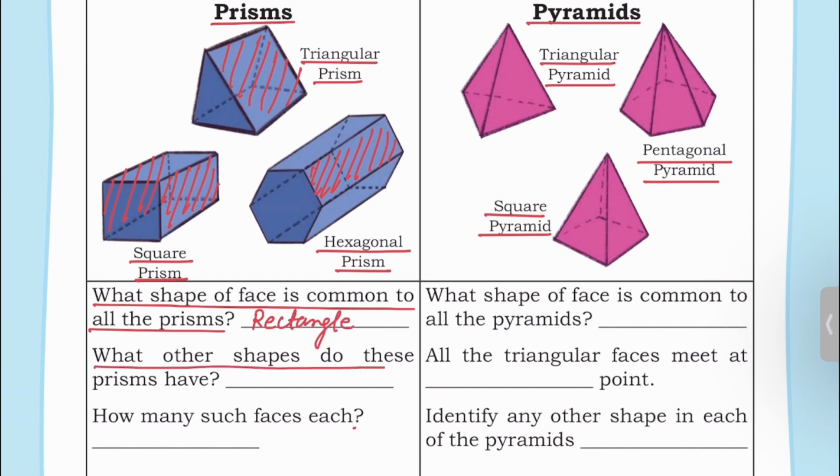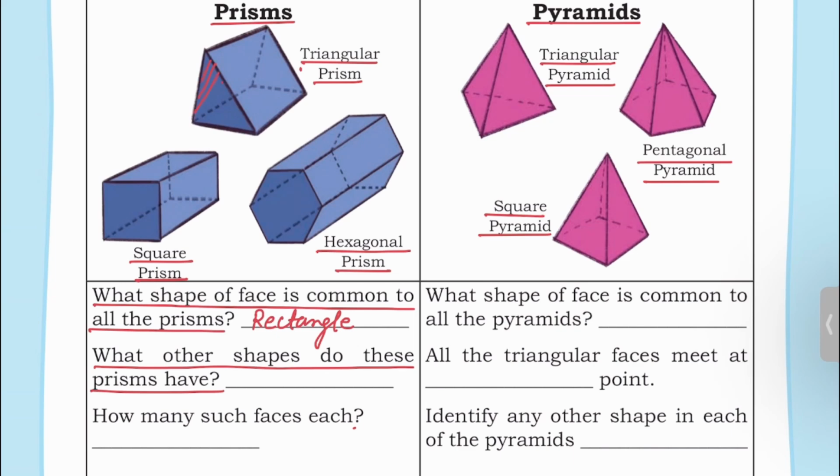What other shapes do these prisms have? If you see properly, you can see all these prisms have shapes other than rectangle.